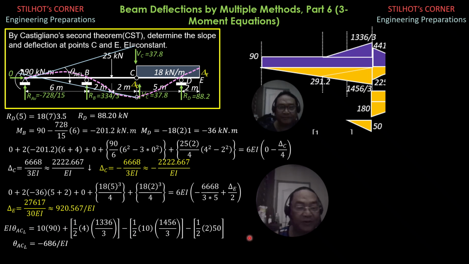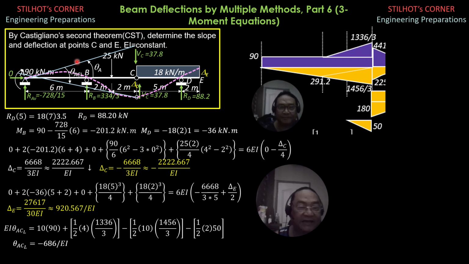We already computed the areas. We just copy this and install the moment arms from C left. So for instance, 10 times 90 times 5, the moment arm. Then this one, 1/2 of 4 times 1336 over 3, 4/3. So let's do that here.